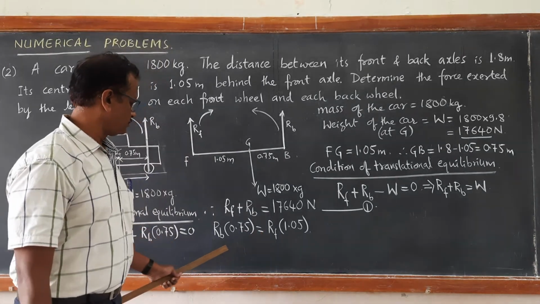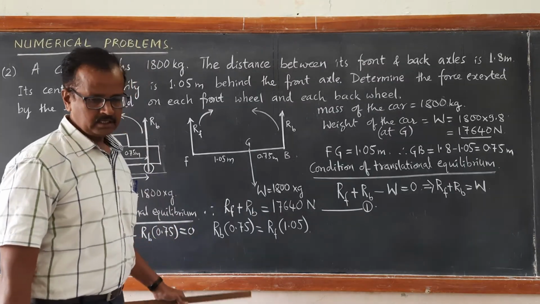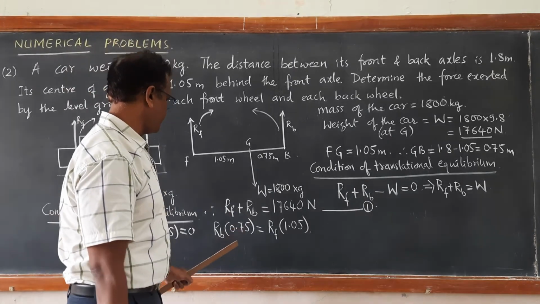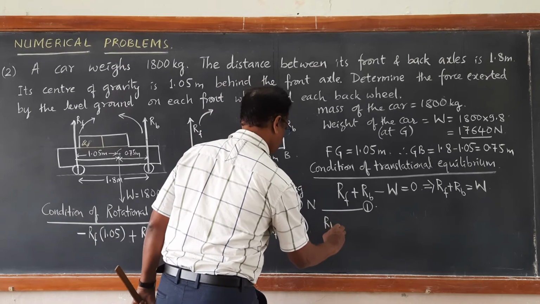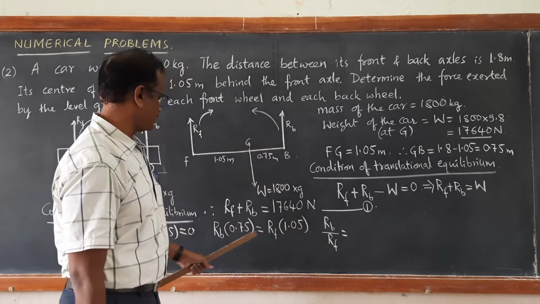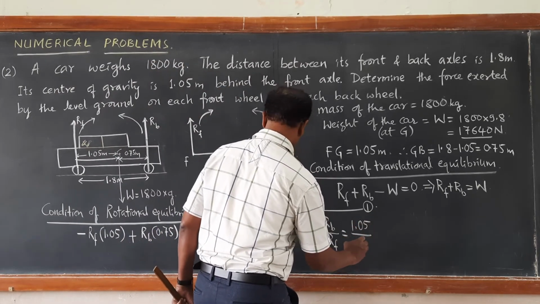Let us take RB by RF. What is RB by RF? Ratio RB by RF is simple to calculate. RB by RF is equal to 1.05 divided by 0.75.